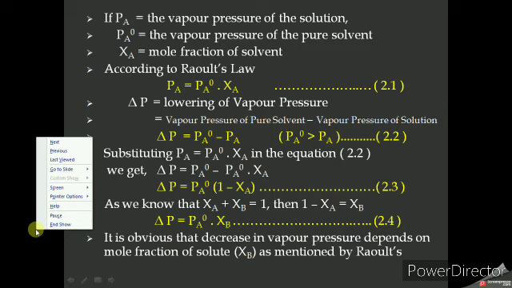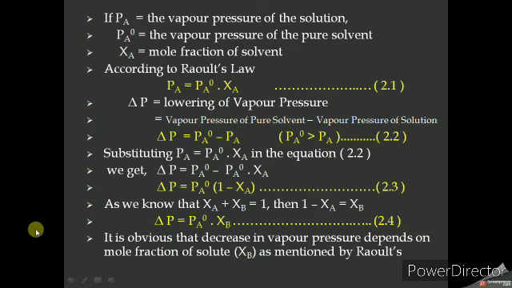So don't forget, don't write only the terms; always write the meaning of the terms before the derivation. So what is Pa? The vapor pressure of the solution. Pa0, the vapor pressure of the pure solvent. When we add a non-volatile solute to your solvent, then the vapor pressure becomes Pa.